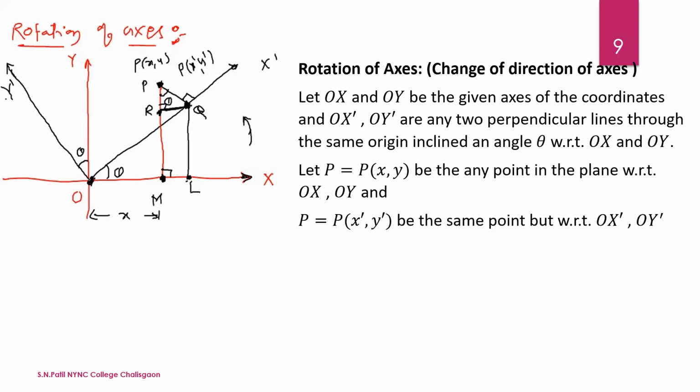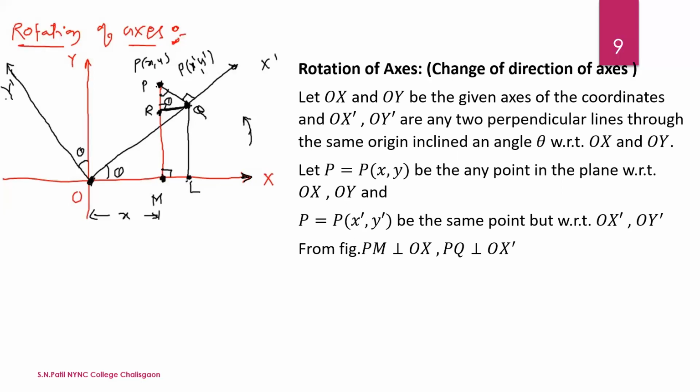Now the point is fixed as it is, P. Only we change the axis. Then the new distance of P associated to OX dash and OY dash is small x dash, small y dash. I repeat again, small x dash is the O to Q distance and small y dash is the P to Q distance.